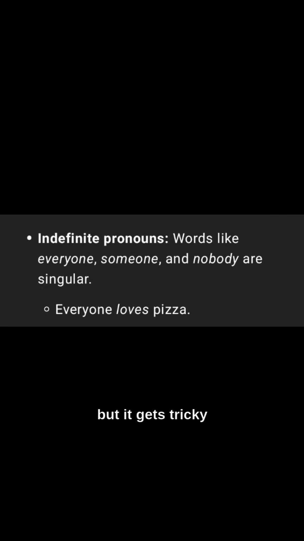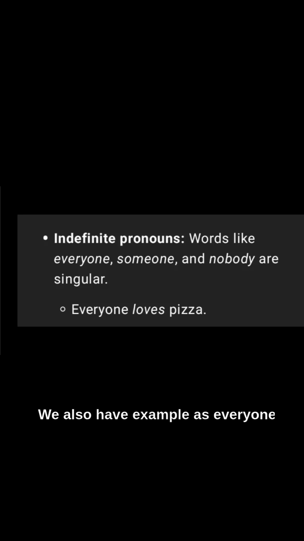Now, it gets tricky with indefinite pronouns. These are words like everyone, someone, and nobody. And these are singular subjects, right? We also have an example: everyone loves pizza, not everyone love pizza.